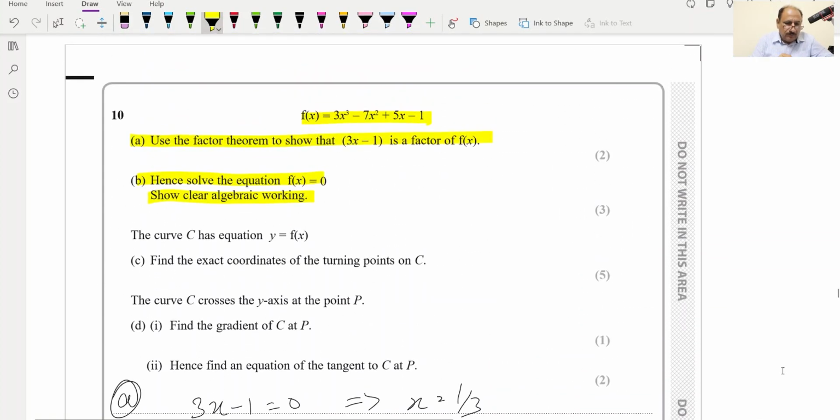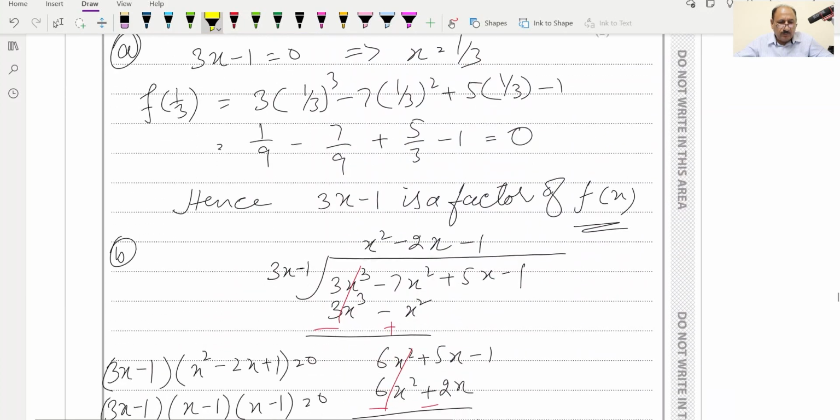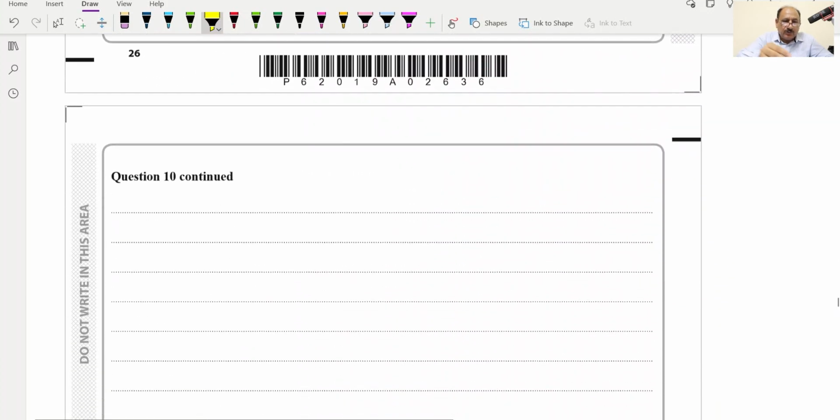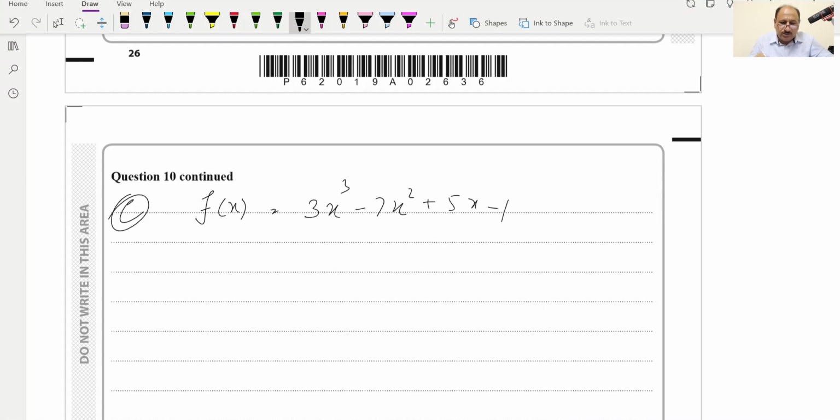Now the C part: the curve C has equation y is equal to f of x. Find the exact coordinates of the turning points on C. So on the curve, we will solve the C part. f of x is given, which is 3x cubed minus 7x squared plus 5x minus 1.